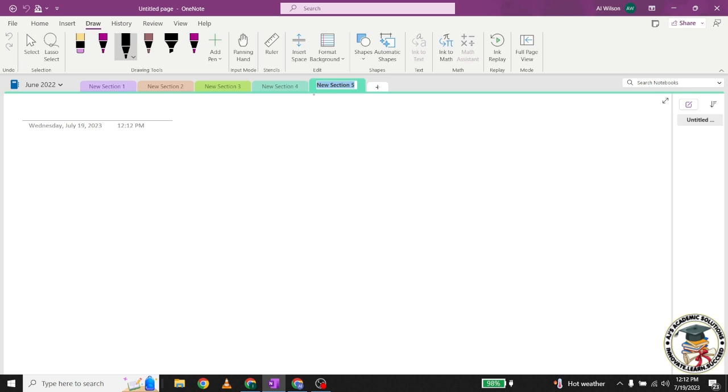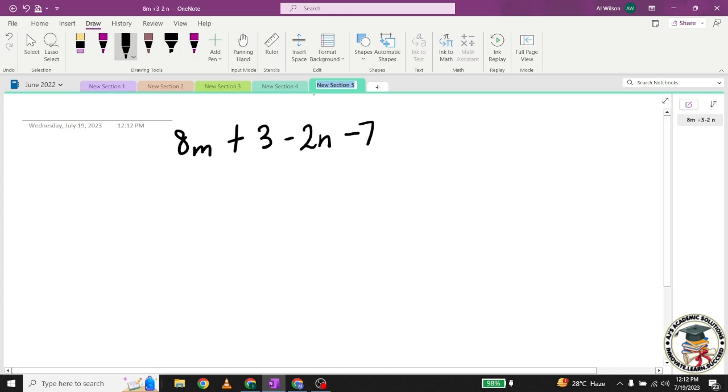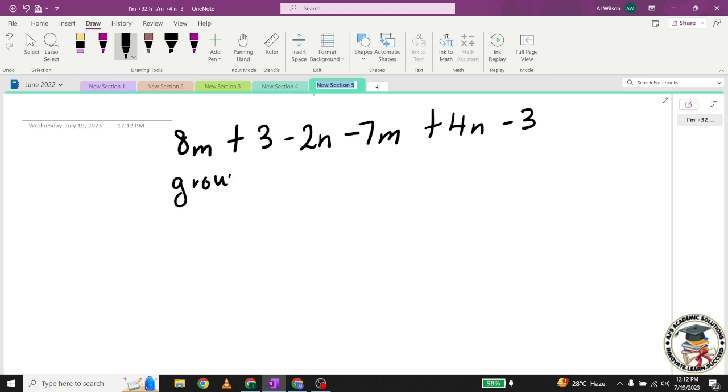So let's say we have 8m plus 3 minus 2n minus 7m plus 4n minus 3. So again, we group, and in grouping we have 8m minus 7m. So we just acknowledge these two here.